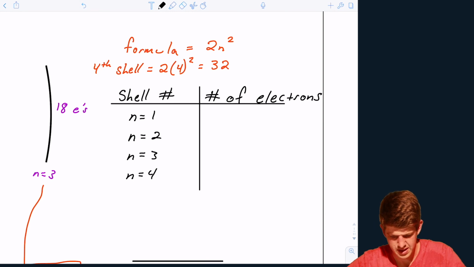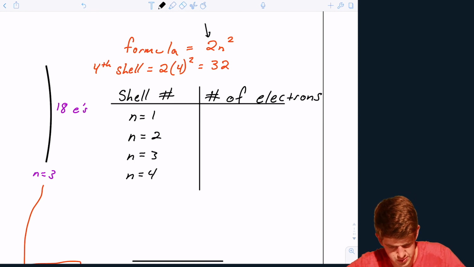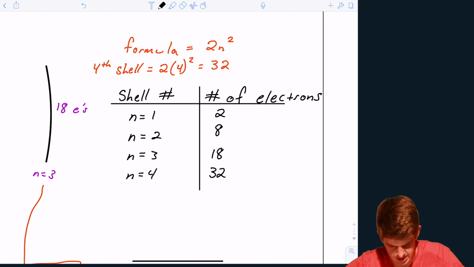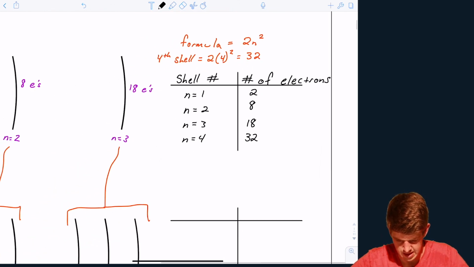And like we saw with the formula, that's nicely placed right there if you wanted to calculate it that way. But just doing it fast, I have 2 electrons in the first shell, 8 in the second shell, 18 in the third shell, and then 32 in the fourth shell.